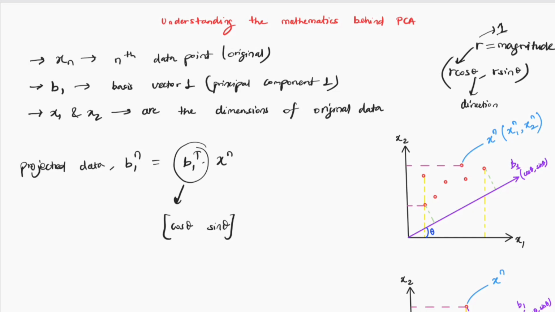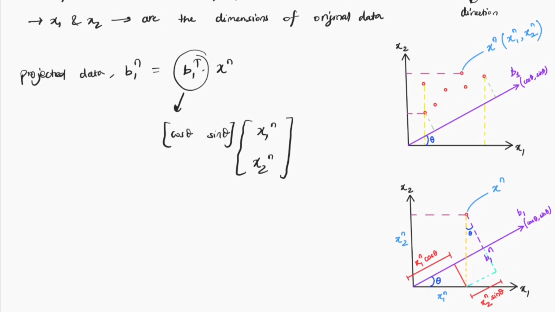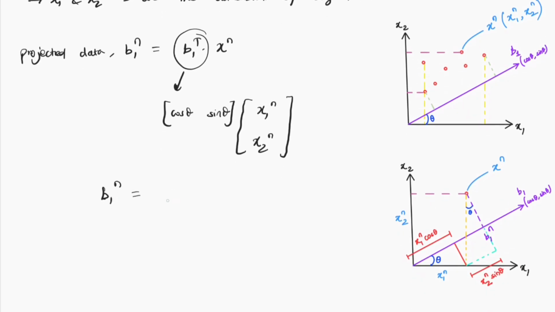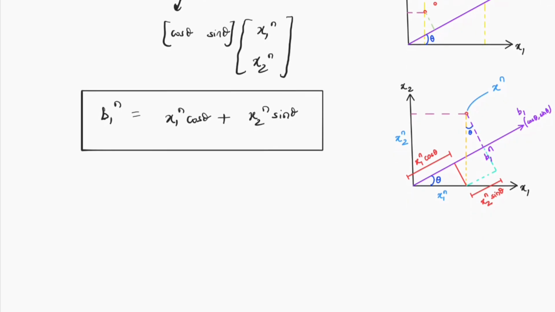But for now, let us take this as 1. Then in that case, we can write b1t as cos theta and sin theta. And then we have this xn, which can be written as x1n, x2n. So finally, we have this b1n is equal to x1n cos theta plus x2n sin theta.